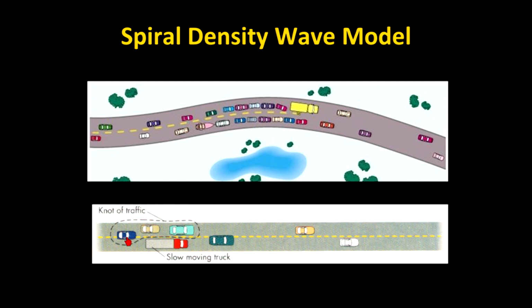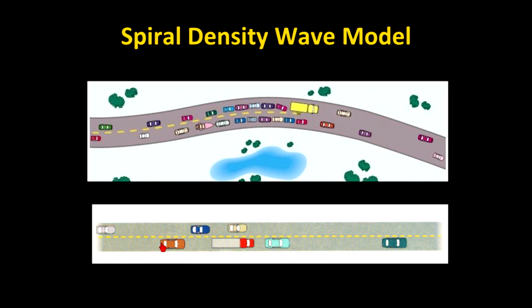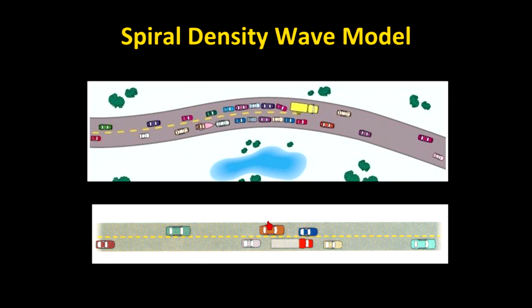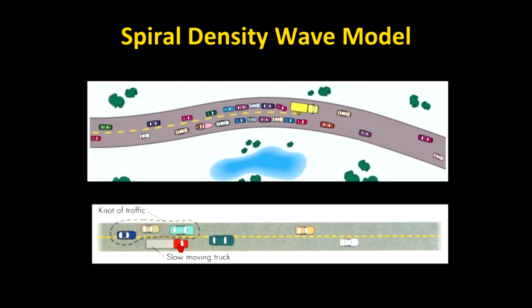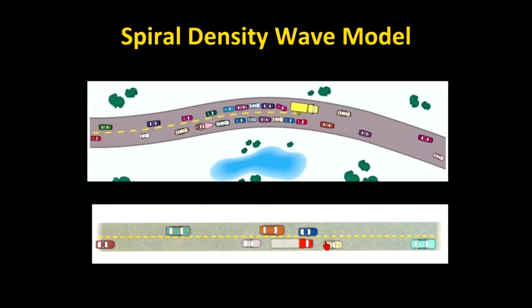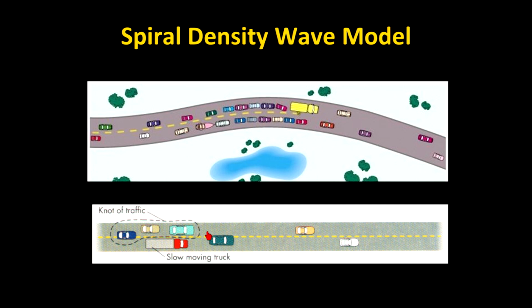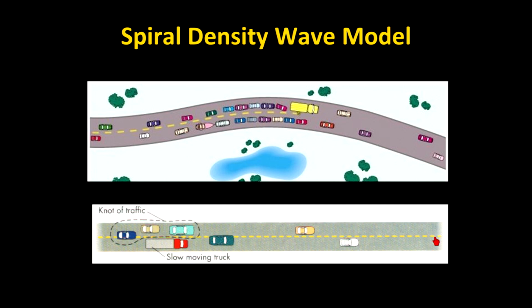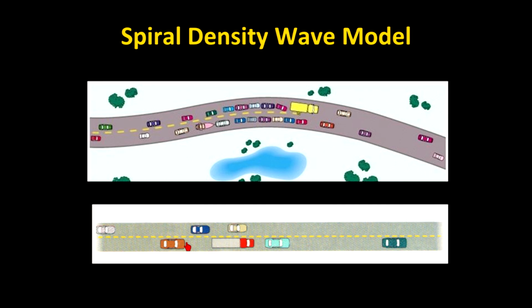So here comes the semi, and you can see here are all the cars that are trying to go past it. So essentially all the cars are moving to the fast lane, speeding up to go around it, and then continuing on their way. As long as the truck moves at a constant speed and the cars move at a constant speed, but their speed is faster, what you'll notice is they have to bunch up as they are working their way around the slower moving truck.